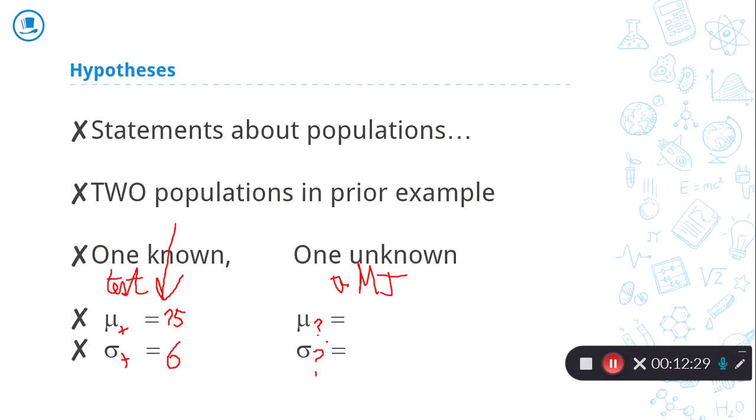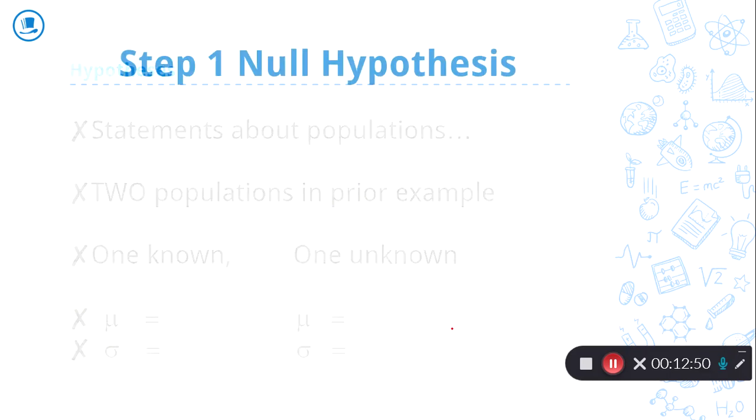So mu unknown, sigma unknown. The hypotheses we're going to be making are going to really involve both of these populations, right? But we're going to be speculating about this one, mu unknown, and making some logical assumptions about it.